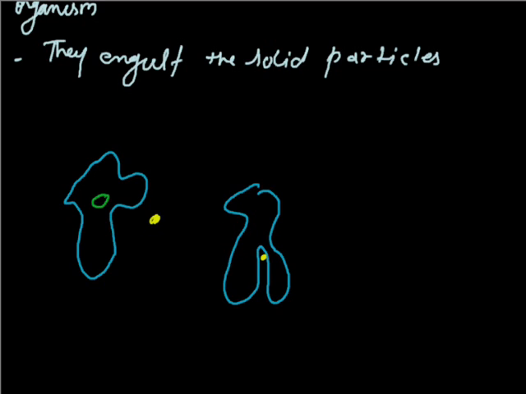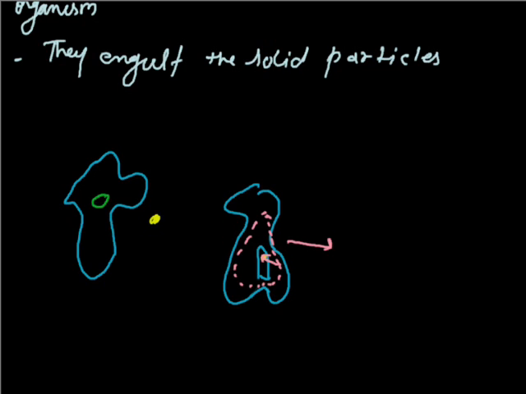Then amoeba will intake the food, and inside the food vacuole, the whole cytoplasm acts upon the food particle and converts it into smaller particles.